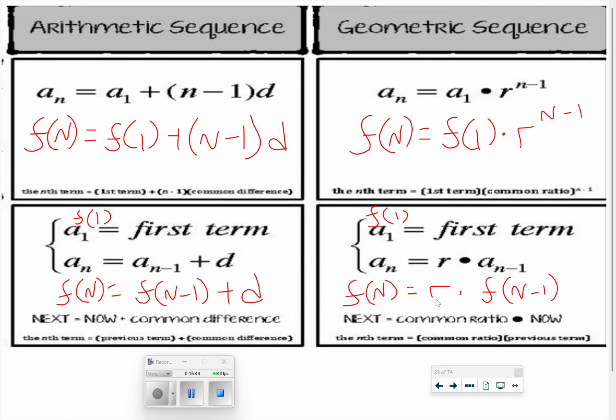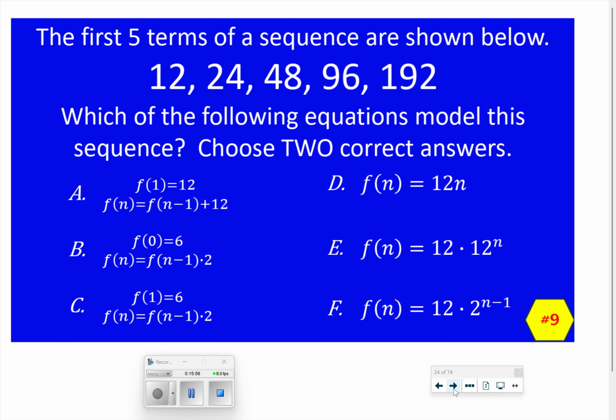So they use the common ratio here, and you multiply it times whichever term you're looking for, and you got f of 1. But instead of saying f of 1, they said f of 0. Okay, so that's how this is the correct answer, B.